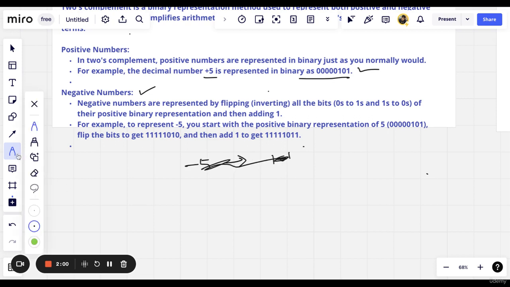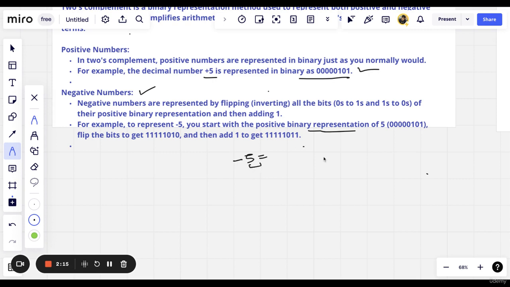To represent -5 in 2's complement, you first write the binary representation of 5, that is 101. Then you flip the bits. First of all, write this 101 in 8-bit form.